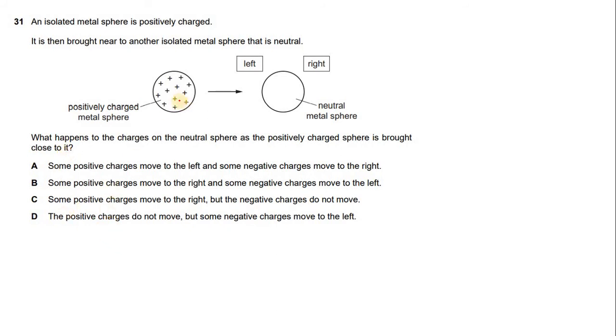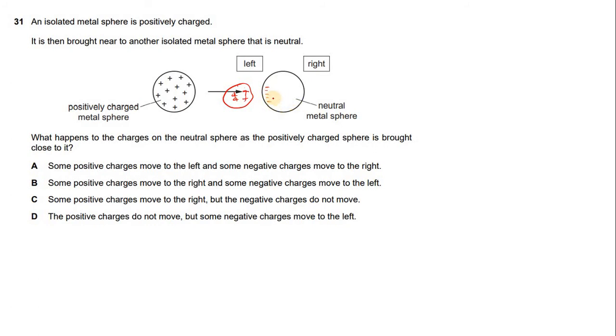So what happened? As this metal sphere comes closer like this, it starts attracting electrons of the neutral metal, and because electrons are freely moving particles, the electrons start gathering at this end.